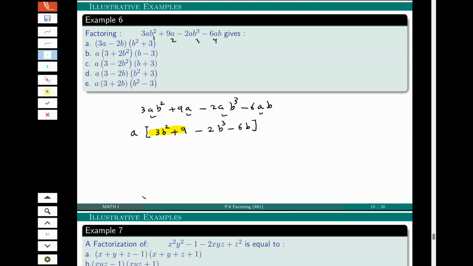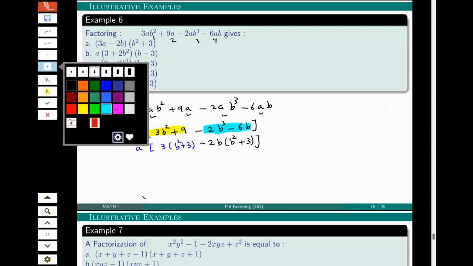So I'll make it two groups. This is the first group, and that's the second group. The first group, we have 3 common factor, so I'll get b squared plus 3. The second group, I will take minus 2b common factor, so I'll get b squared plus 3 again.